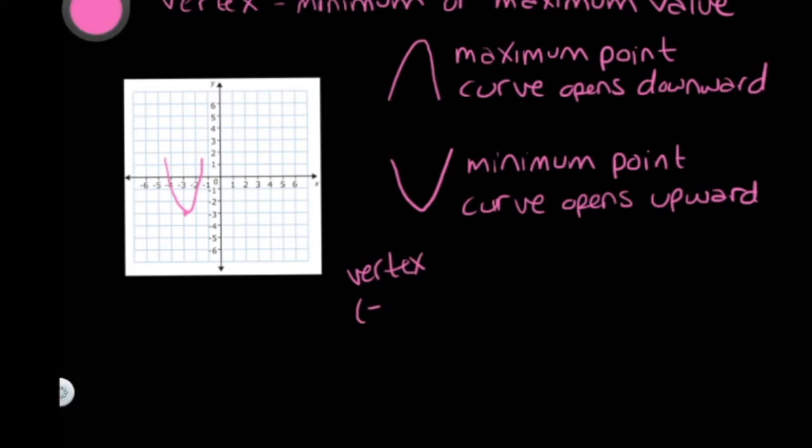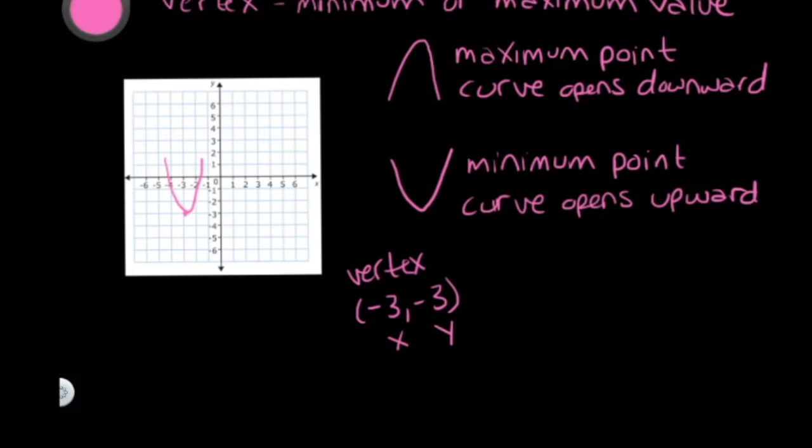So the vertex is at -3, -3. Remember, this is my x and my y coordinates. So I could say here, because I have a parabola that's opening upward, this is a minimum point, right?